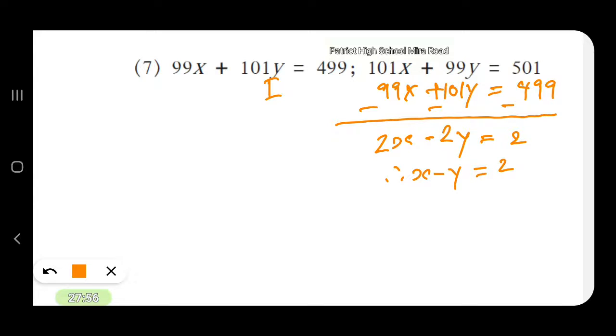And earlier we had seen x plus y is equal to 5. Now this is what we obtained.